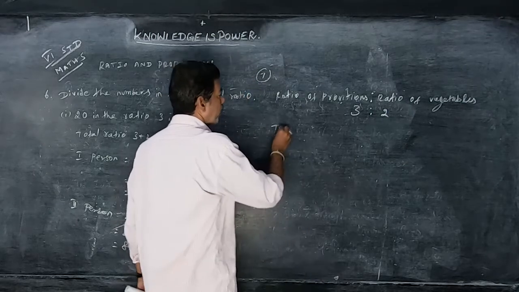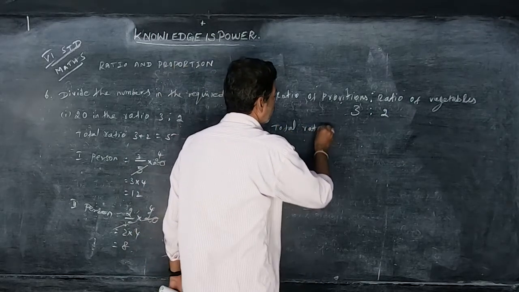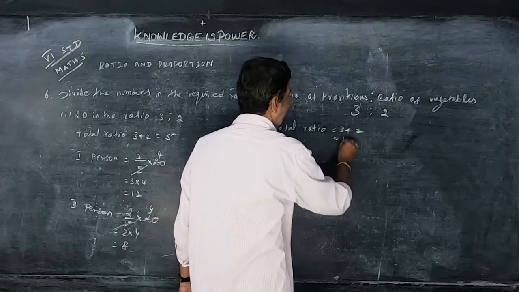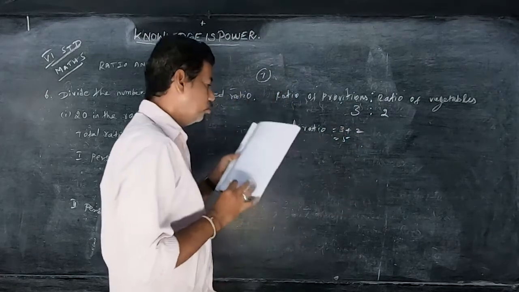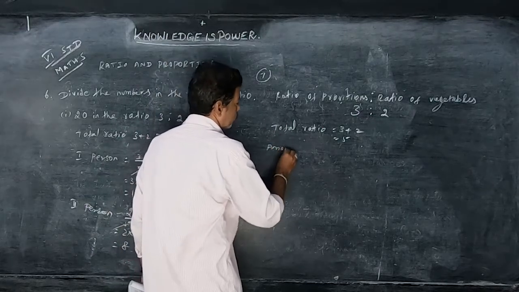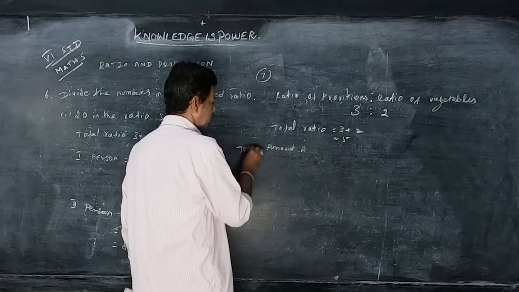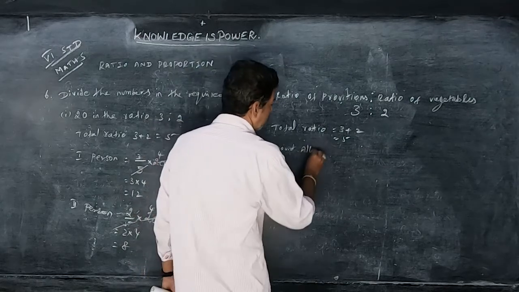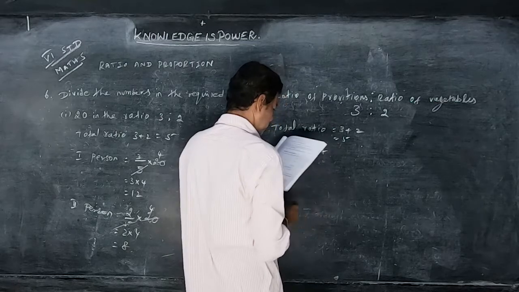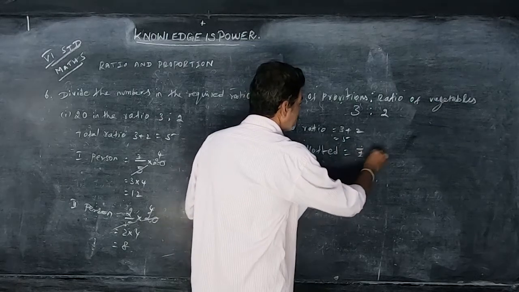Now the total ratio equals 3 plus 2 equal to 5. The total amount allotted equals rupees how much?